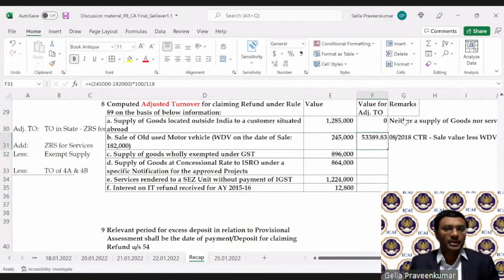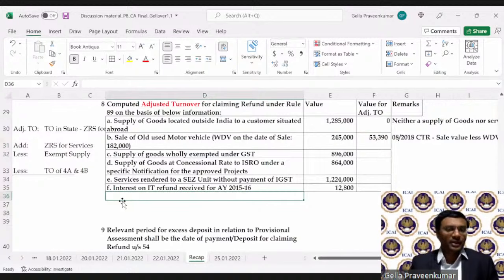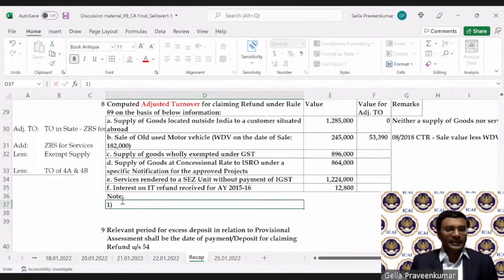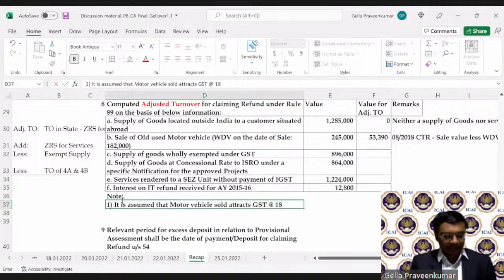So this happens to be my supply value. I'll make an assumption over here. Note: it is assumed that the motor vehicle sold attracts GST at the rate of 18%.